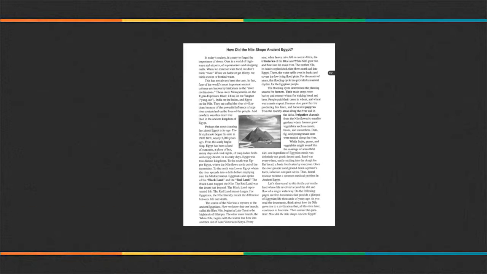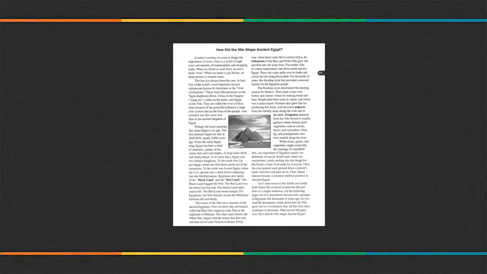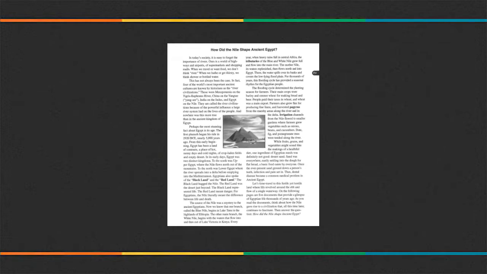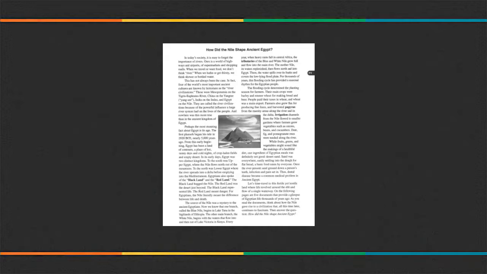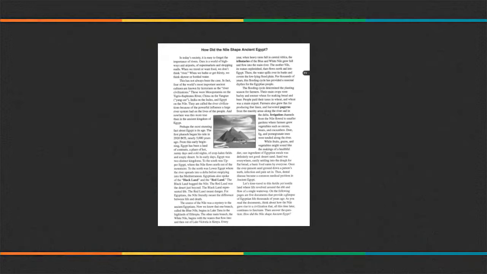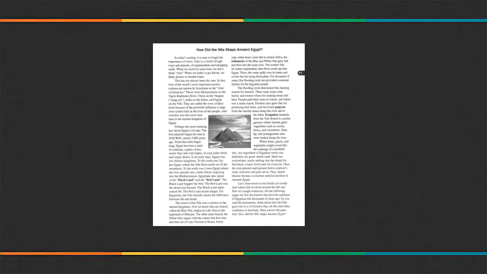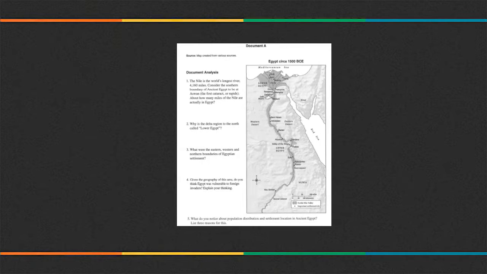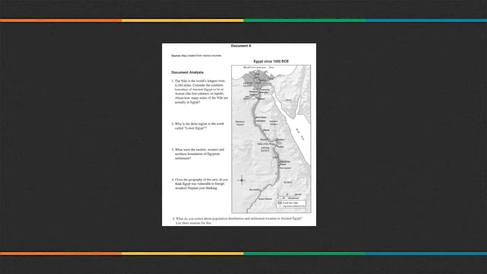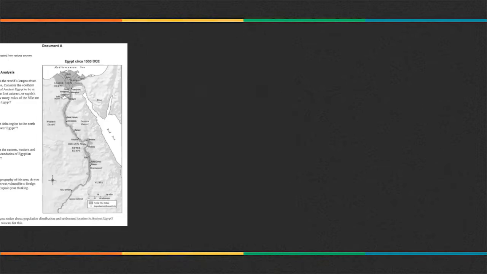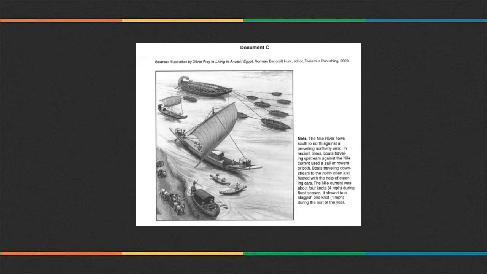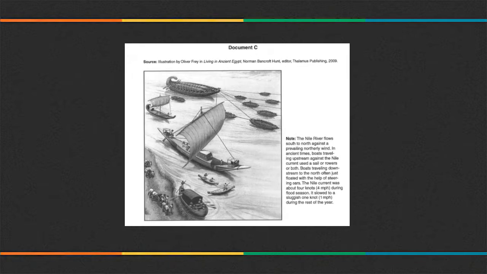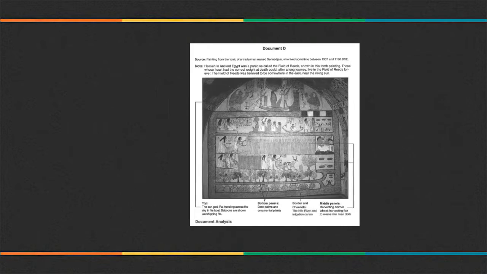For example, if we are trying to figure out how did the Nile River affect the ancient Egyptians, we can look at different pieces of evidence, such as an essay. We could then look at a map of the Nile River in ancient Egypt, followed by an illustration of the types of things that happen on the Nile River.